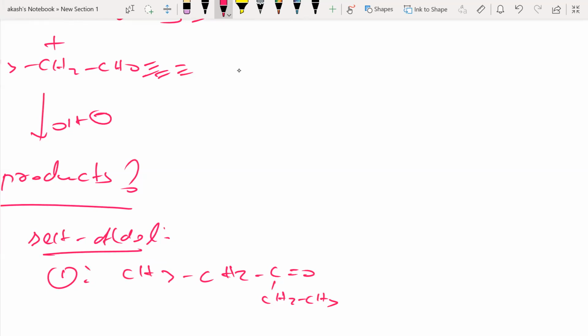So alpha hydrogen, let me take it like this: H2, C, and that is having one CH3, right? And I have the C double bond O with CH2, CH3.